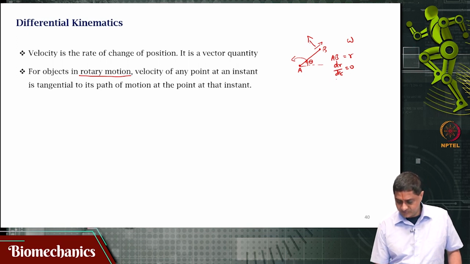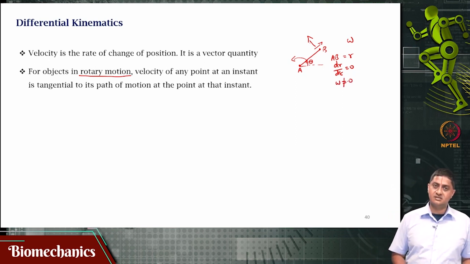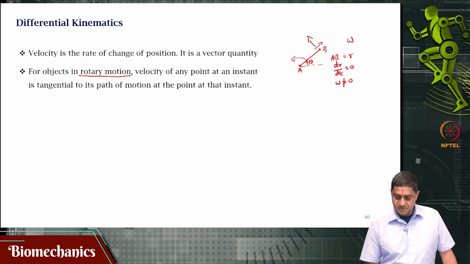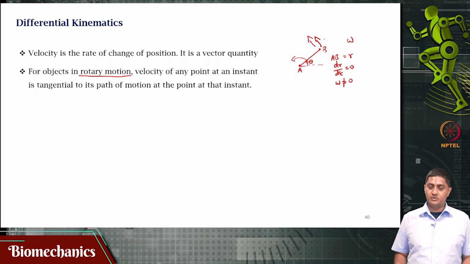But omega, that is theta dot, is not 0, right. So, when that happens, there is only one direction in which the velocity can change, and that is perpendicular to the link at that point.